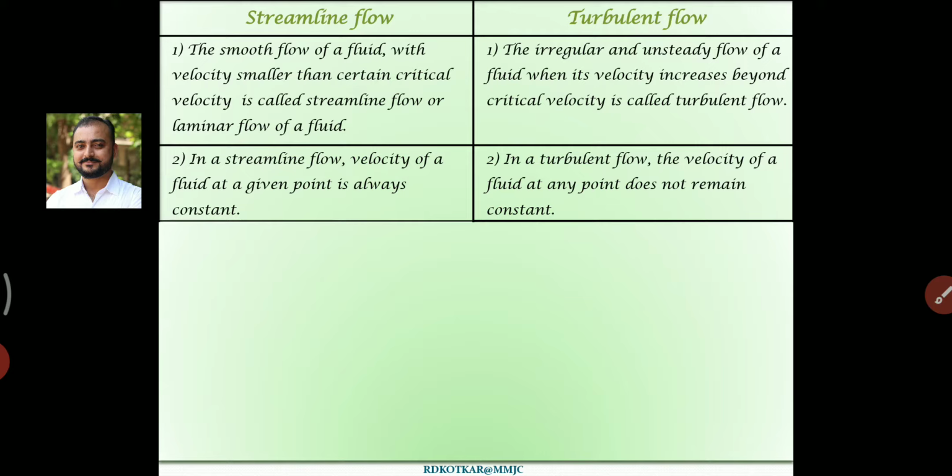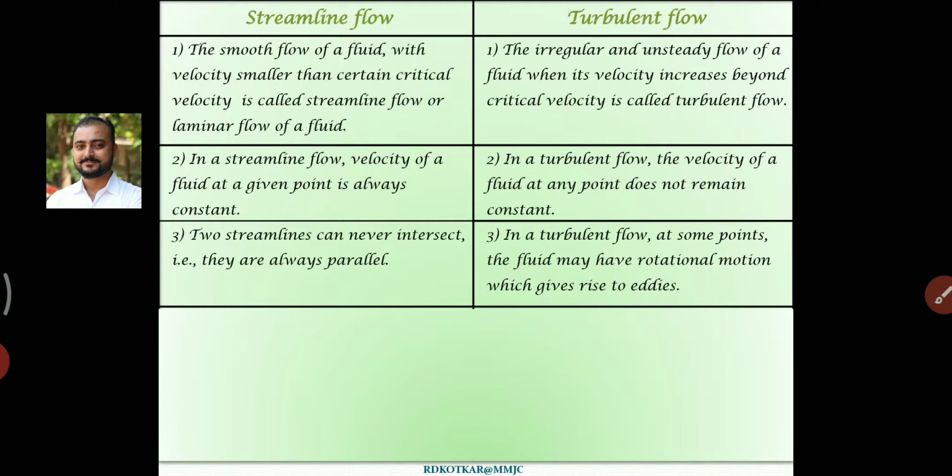In the case of turbulent flow, the velocity of fluid at any point does not remain constant. That means the liquid is flowing in such a way that you can't say there is a constant value of velocity or liquid layer.